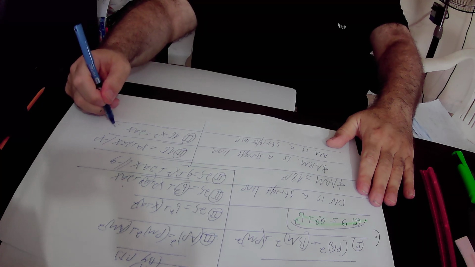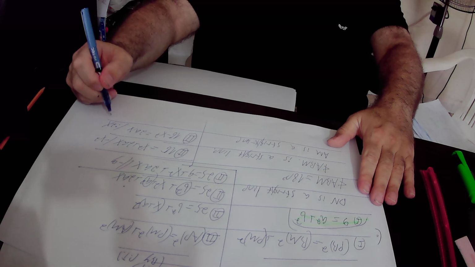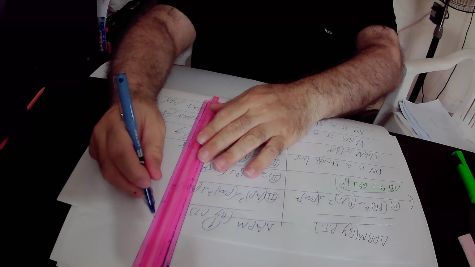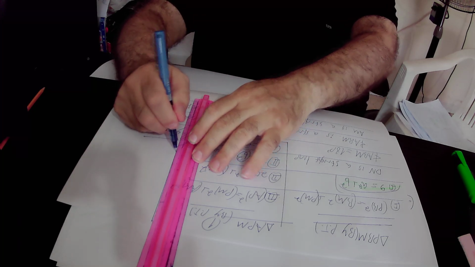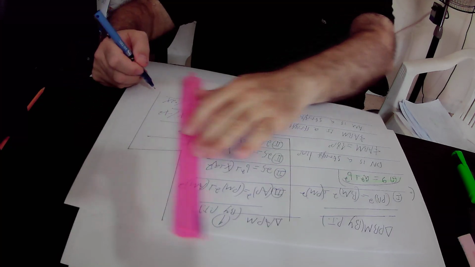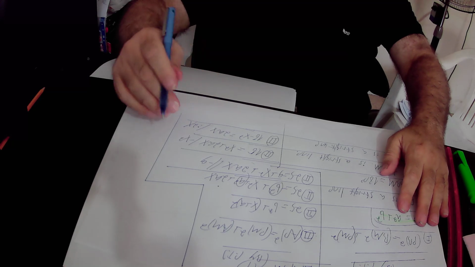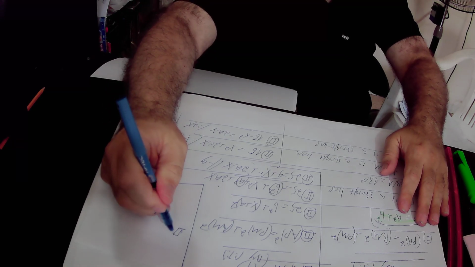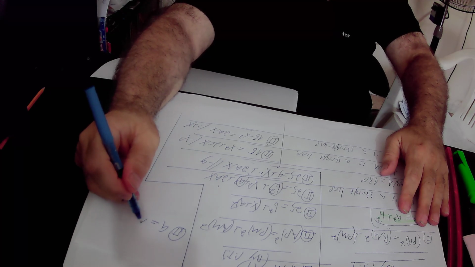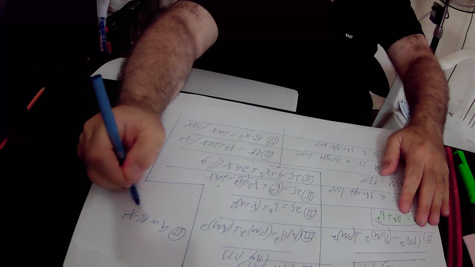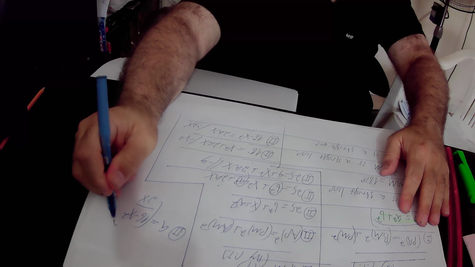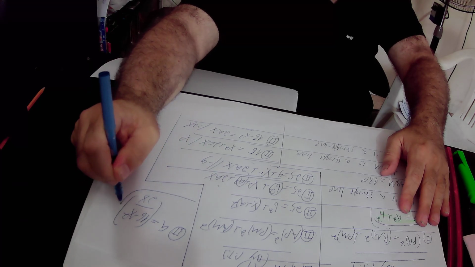Here we divide this equation by 2x, and we get that a equals (16 minus x squared) over 2x. So we found the value of a in terms of x.